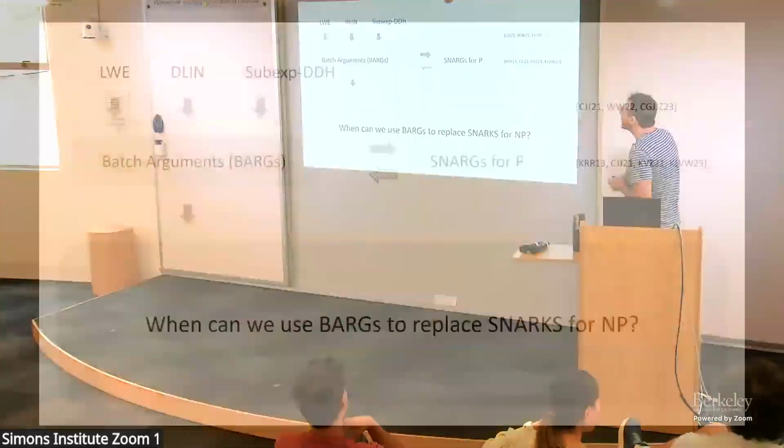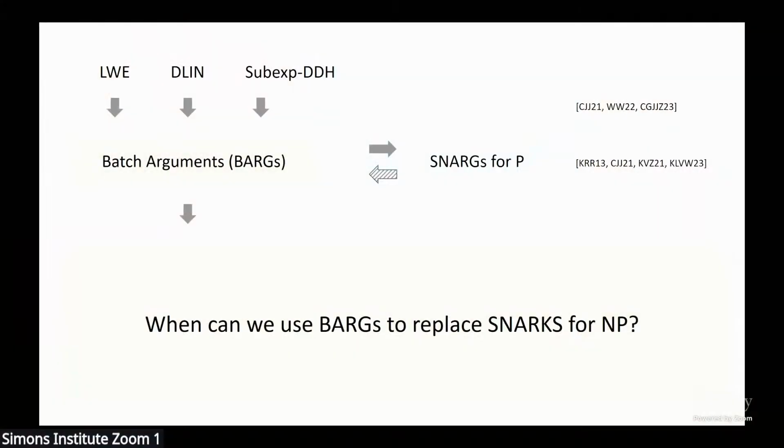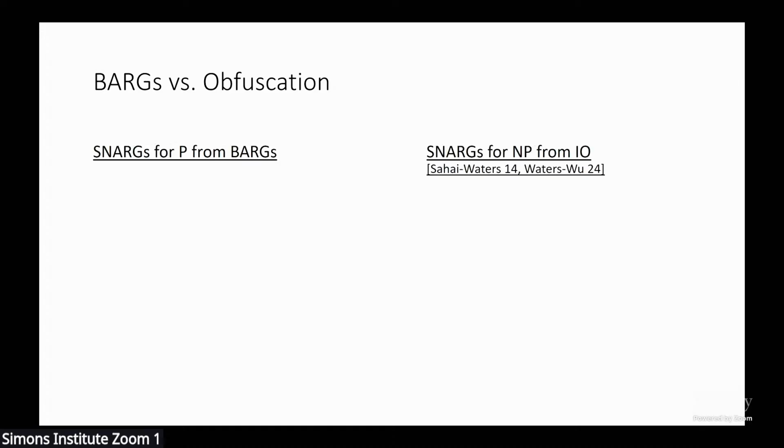Okay, so one last slide on background before I move on to the technical stuff. I mentioned that from BARGs we can construct SNARGs for P, and I want to compare this to another construction of SNARGs, this time for NP, based on indistinguishability obfuscation.